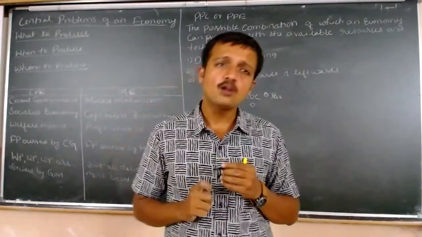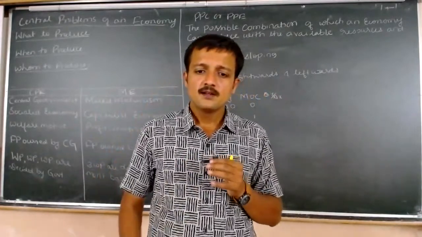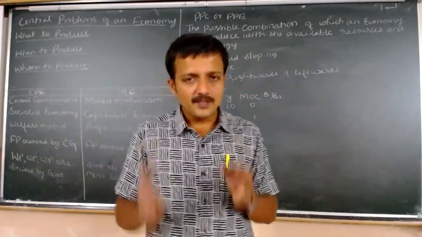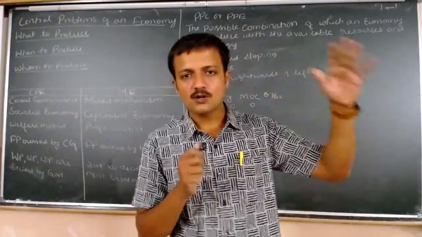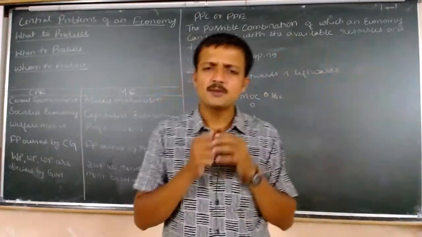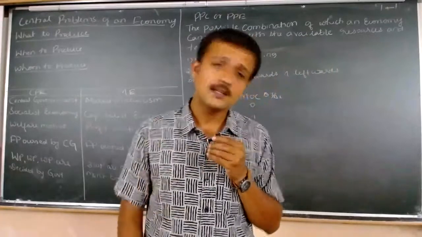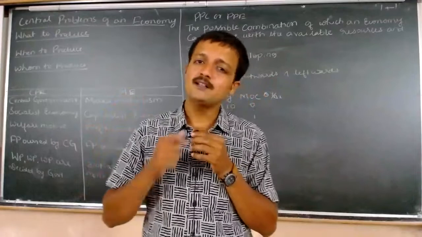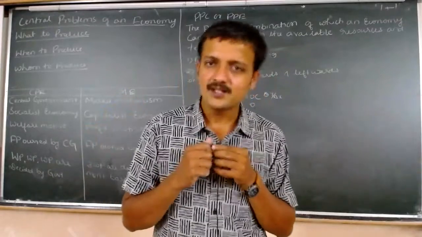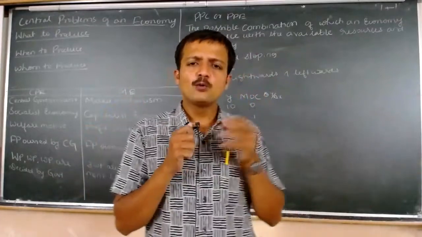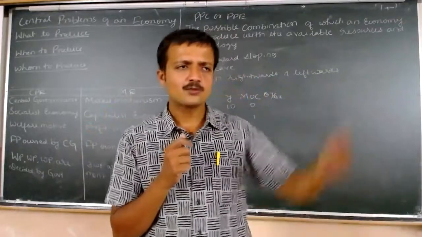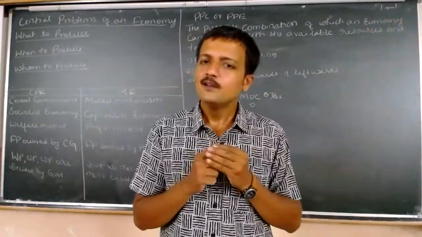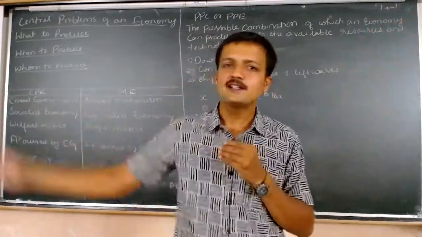One thing we all need to remember is, we have limited resources but our wants are unlimited. This is a very famous statement which you have learned in economics, that is, human wants are unlimited and the resources are limited. For example, when you go with your monthly salary of 30,000 rupees to a super bazaar, you know that you cannot buy the entire super bazaar.